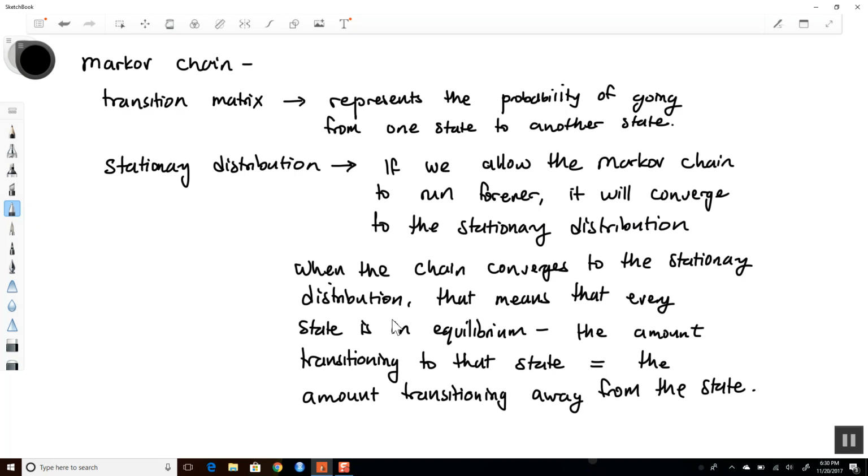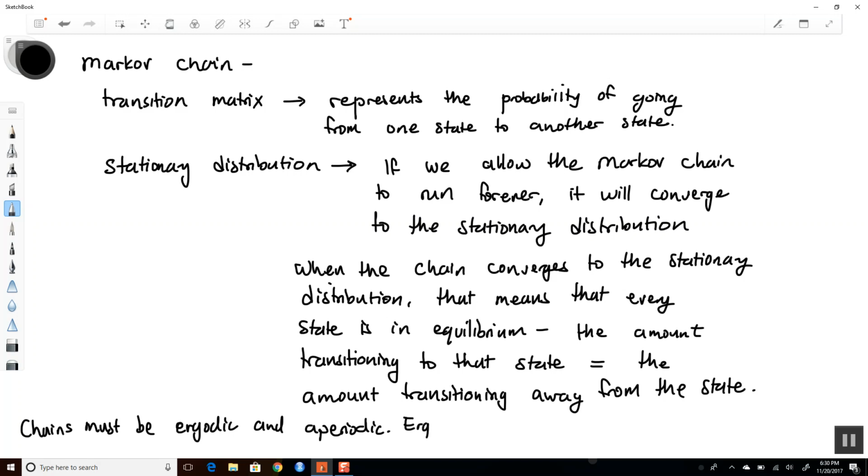Maybe not a direct flight, but basically no state is impossible to reach. I'll just write this. This is kind of like an asterisk. Chains must be ergodic and aperiodic.